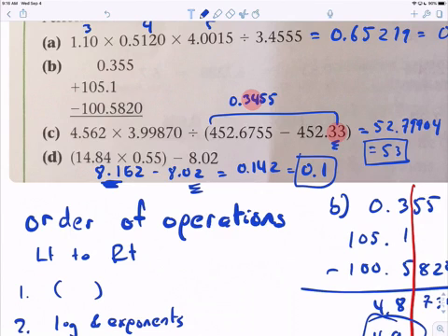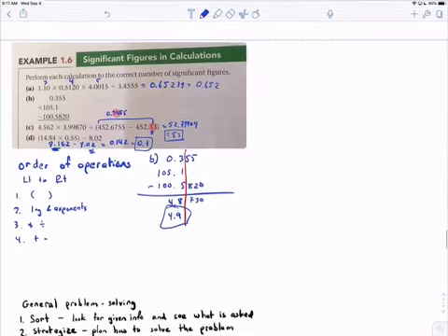You do the subtraction, and since you are only sure to the 10th place, when you do the subtraction, you have to give the answer in the 10th place. So, questions with that one? Okay.